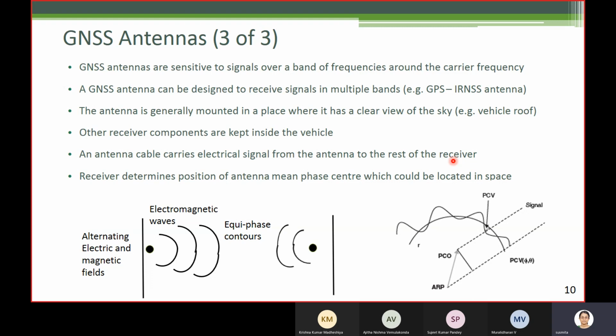Now some receiver manufacturers provide a provision to correct the receiver clock based on the estimated receiver clock error. In that case, if you do not remove the antenna cable delay, it will wrongly correct the receiver clock, because the estimated receiver clock error has not only the actual receiver clock error but also the cable delay. Now the length of the cable is known, it can be precisely measured, and the cable delay is proportional to the length of the cable.